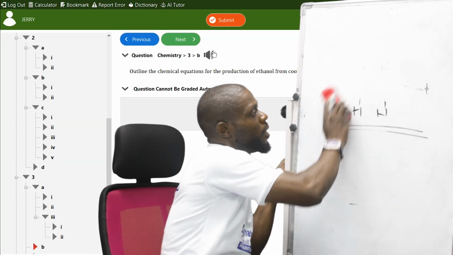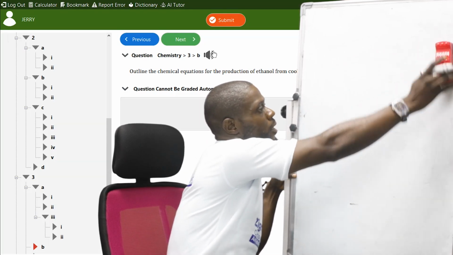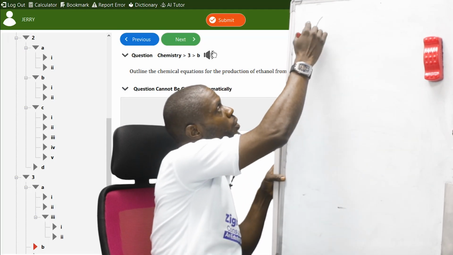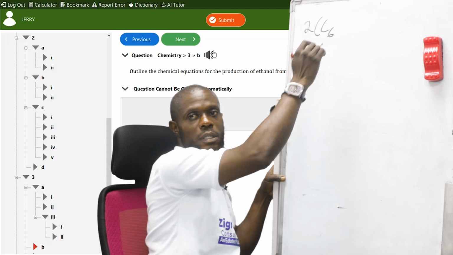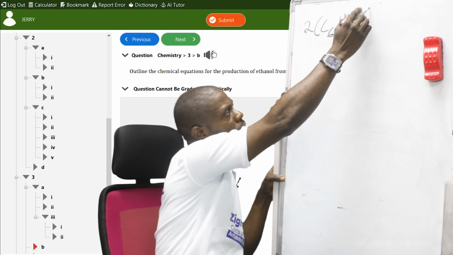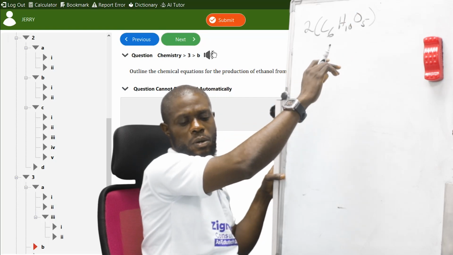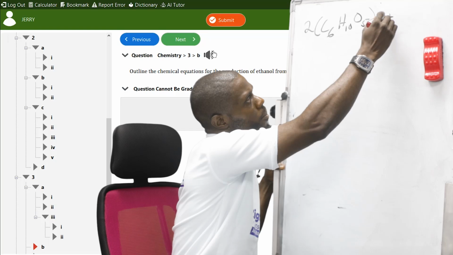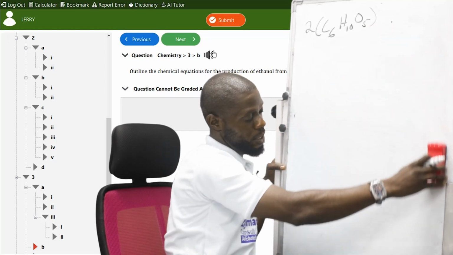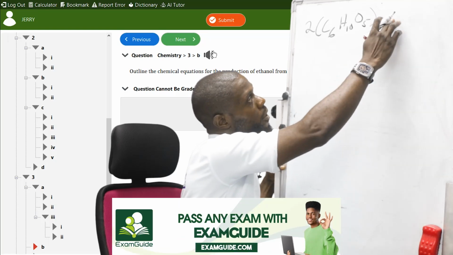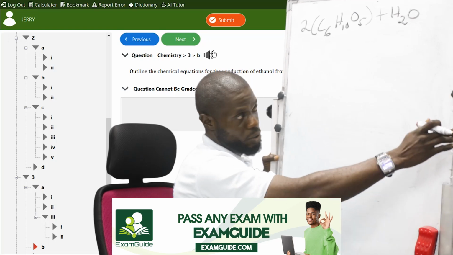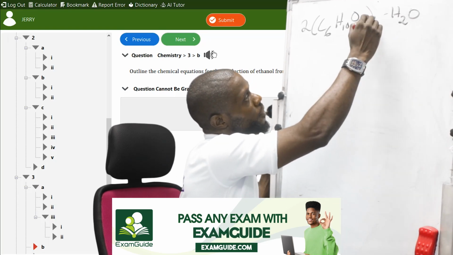So the equation will be 2 times C6H10O5 in brackets, cooked cassava, n, plus water. That n is the number of moles; it is not really necessary, but you can still put the number of moles if you want.